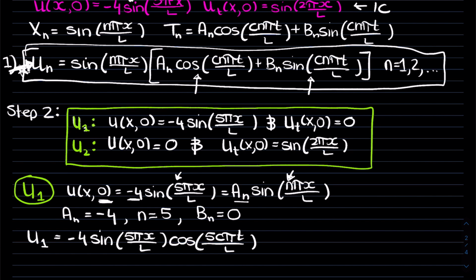Now from here, we also need to check that it satisfies that other condition, because remember up here we've done this and that's satisfied, but we don't know yet whether this part is satisfied. So let's just check that u_t of x, 0 equals 0 is satisfied.